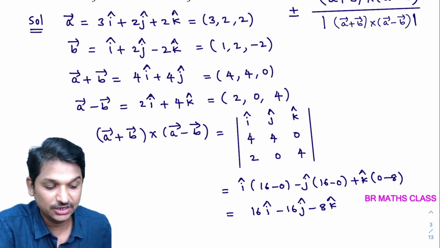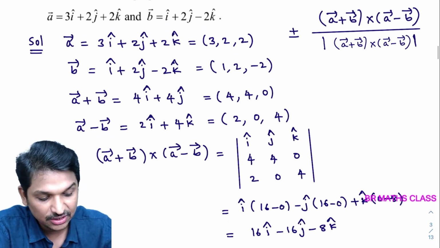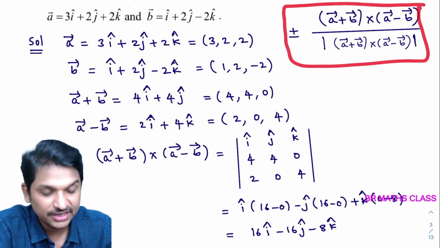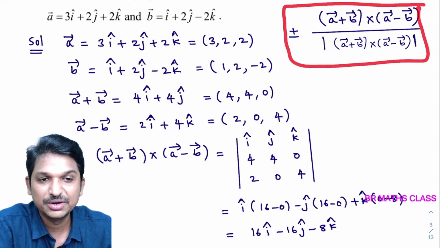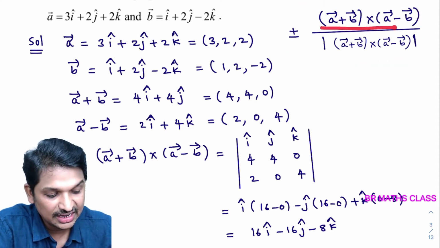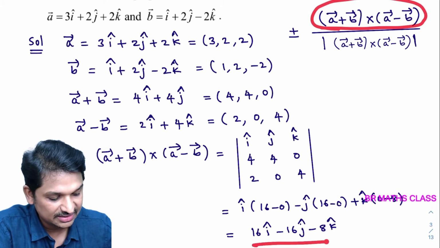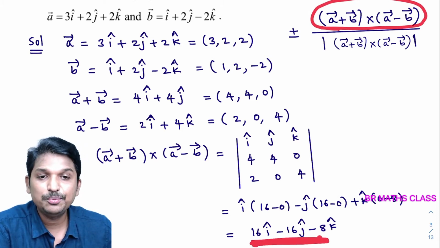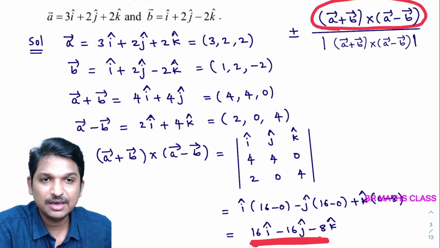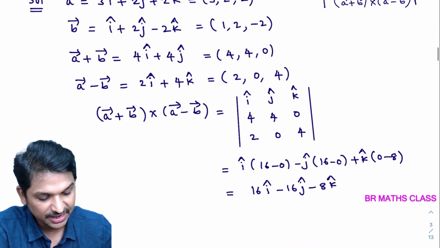Actually what I am trying to calculate is plus or minus A bar plus B bar cross A bar minus B bar divided by magnitude of A bar plus B bar cross A bar minus B bar. I calculated the numerator: 16 i cap minus 16 j cap minus 8 k cap. So I need to calculate its magnitude.